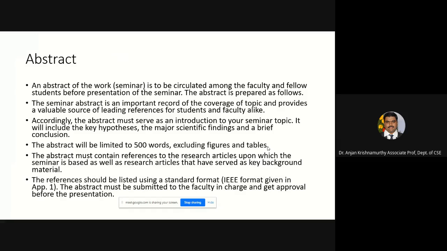The abstract may contain references to certain research articles, but only to a limited extent. The references, as indicated earlier, should be in the standard IEEE format only, and should be submitted to your guides to get approval before you do the presentation. Without the guide's approval, do not do the presentation at all. These are some of the guidelines that I wanted to share with all the MTech students.